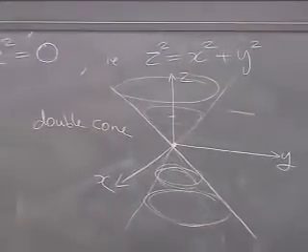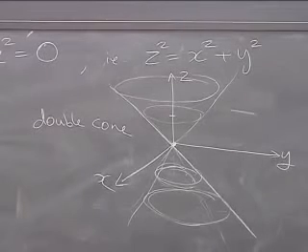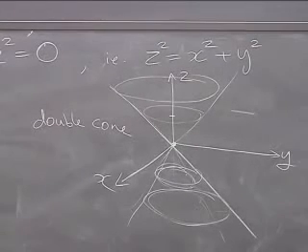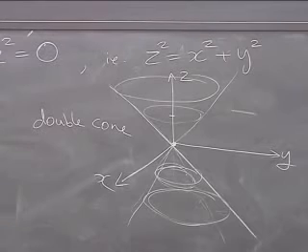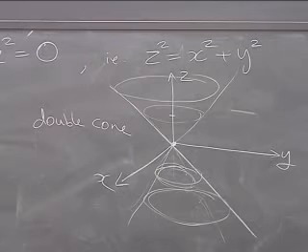Again, what if you have, say, 4x squared plus y squared minus z squared? Well, that would just shrink the x by 2. So the cone, instead of having circles, would be ellipses. Since I don't have a lot of time, I'm not going to spend much time on this. I just want you to understand that having coefficients out front just stretches different axes.